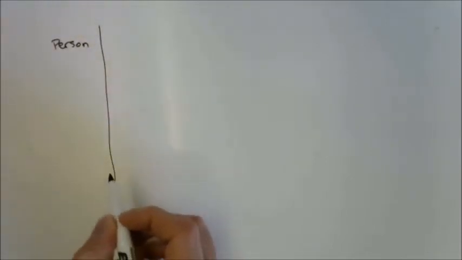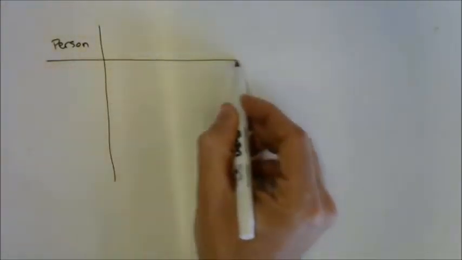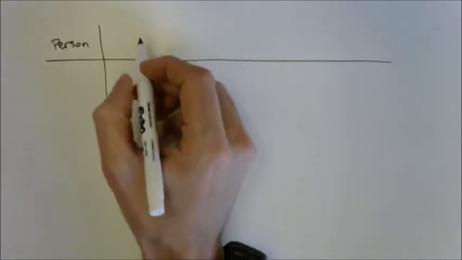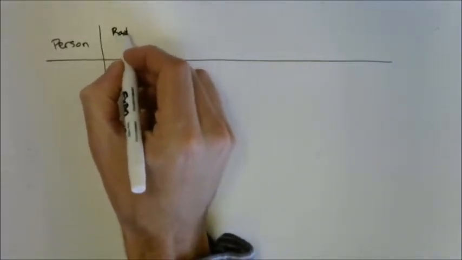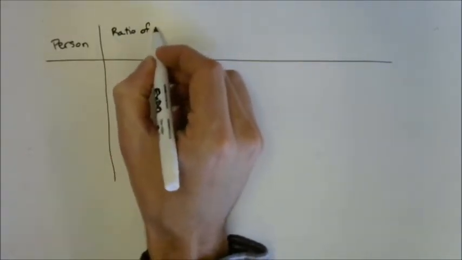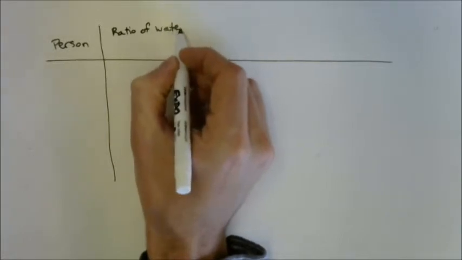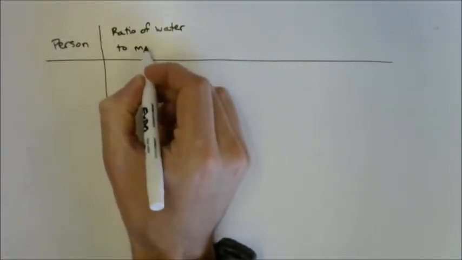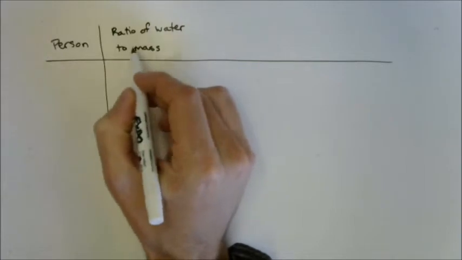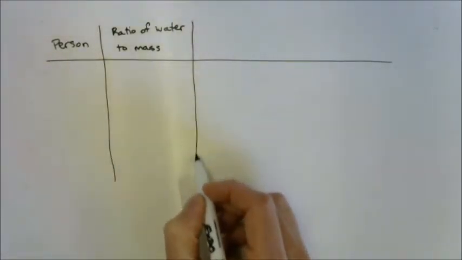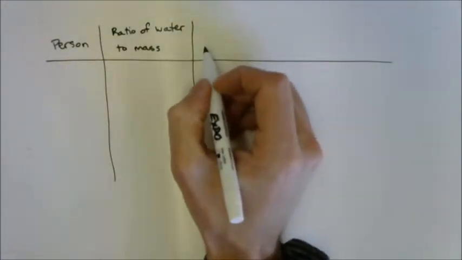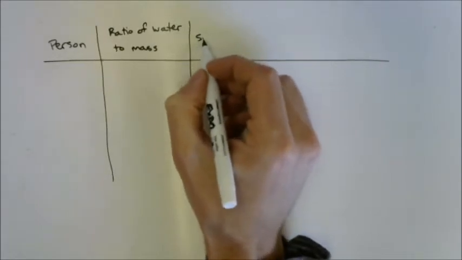information. The first column is going to be called person. And then from the information we're given, we're going to develop a ratio of water to mass. So the ratio is water to mass. Then we're going to reduce that ratio to simplest form.